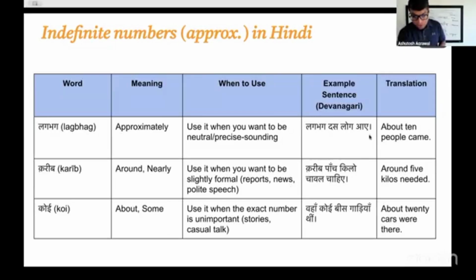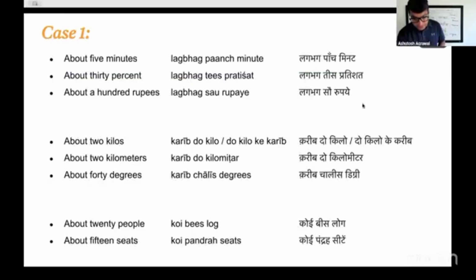So what I'll do is I'm going to ask some of you to repeat after me or read it out and then try to make sense of it, why they have been written differently. So we'll start with you, Michael G. Why don't you read the first three? All right. Lagbhag punch minute. Mm-hmm. Lagbhag 30%. Mm-hmm. Lagbhag 100 rupaye. Okay. What do you think it means?